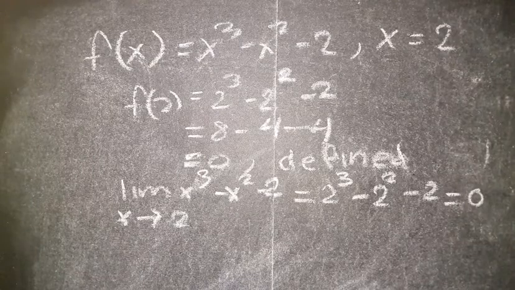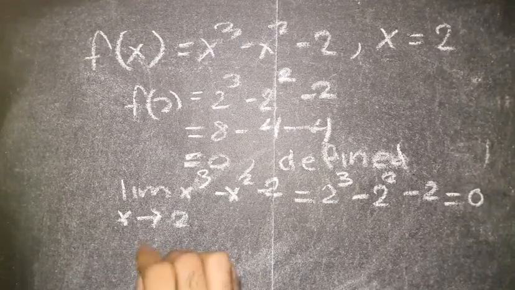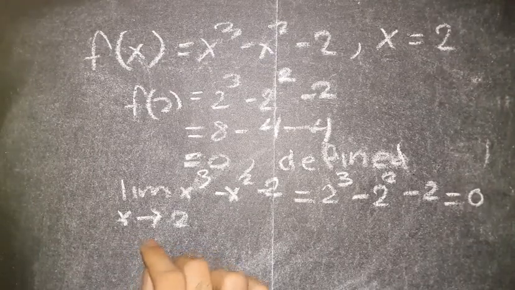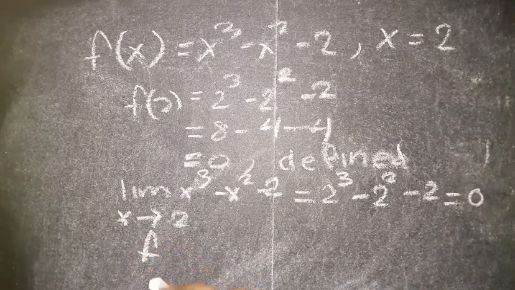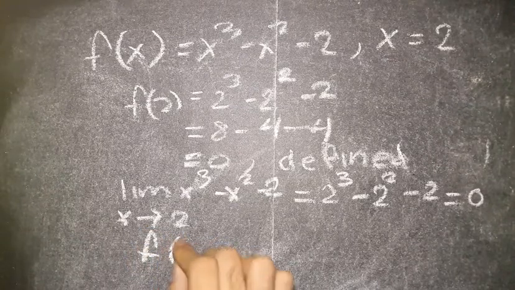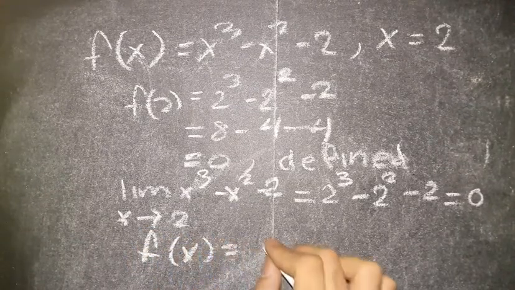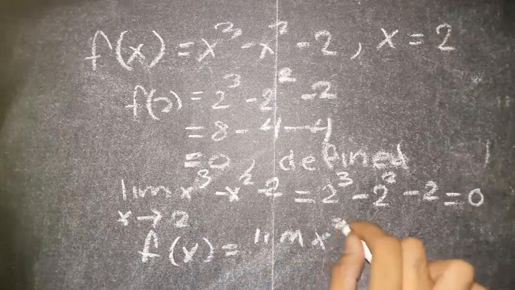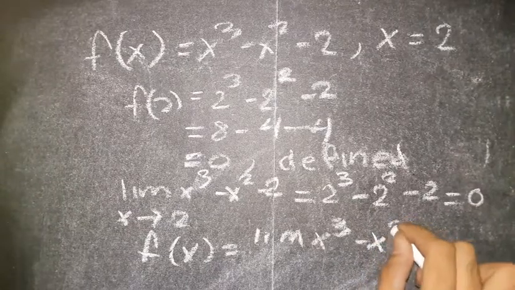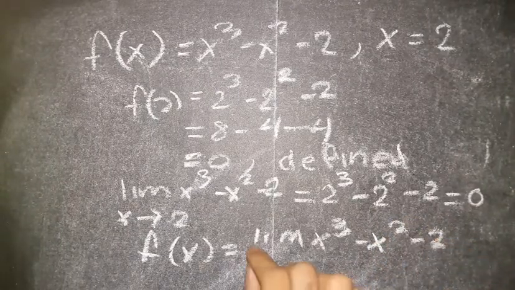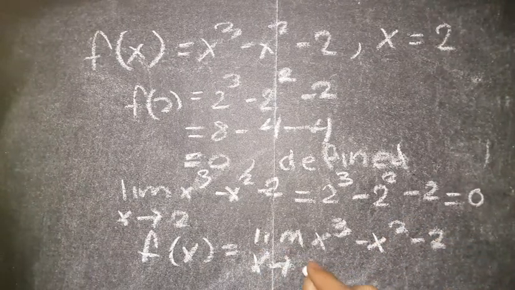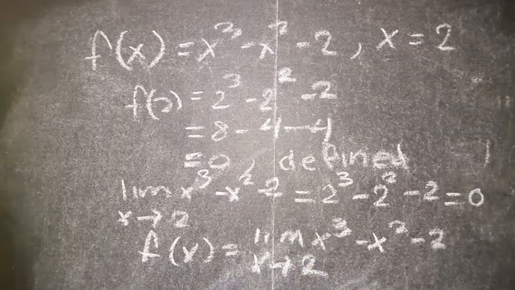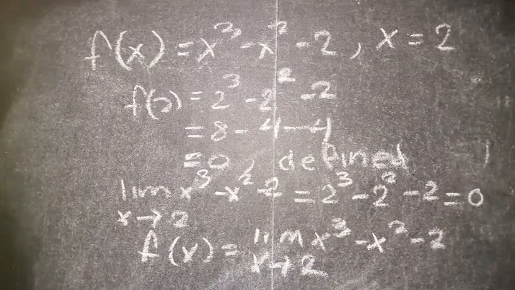Thus, the limit of x cubed minus x squared minus 2 exists. And for the last condition, f of x is equal to the limit of x cubed minus x squared minus 2 as x approaches 2. Hence, the function is continuous at x is equal to 2.